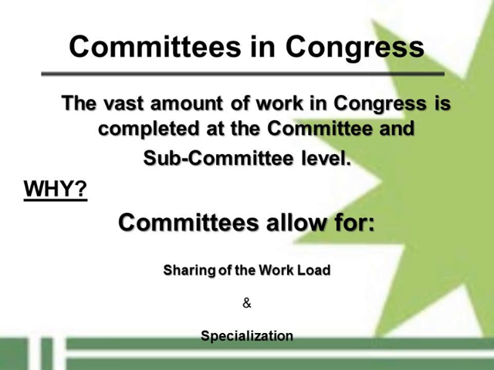What we do in an organization that uses the committee system is we take our overall membership. Let's say we're talking about the House of Representatives. We take those 435 members of the U.S. House of Representatives, and instead of having all 435 of those members working on the same issue at the same time, we split them up into a number of different committees.